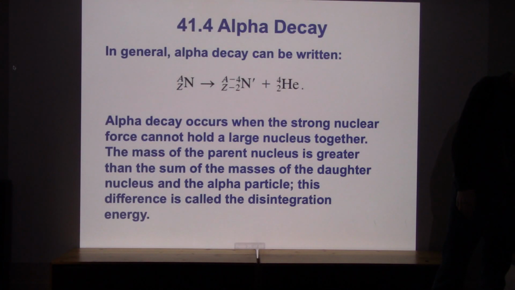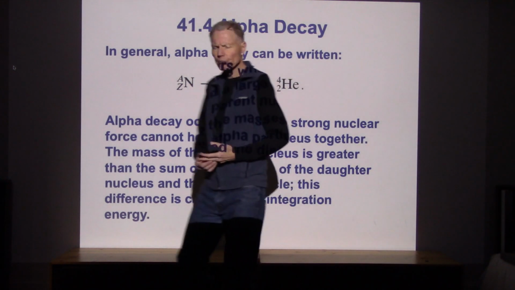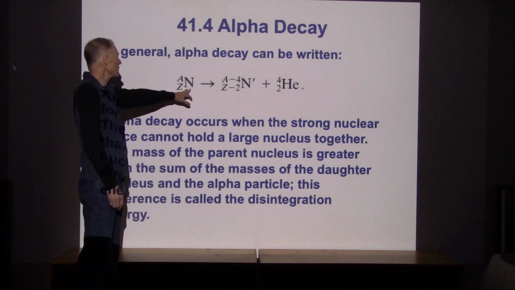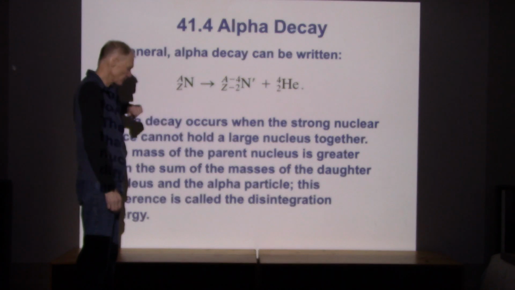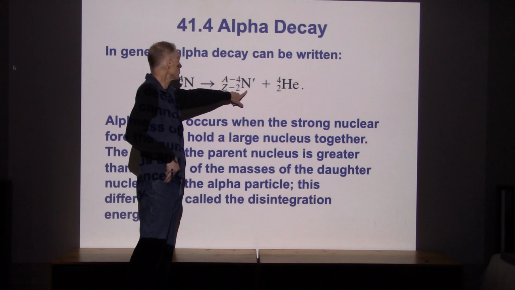Now, they have a notation for this alpha decay, which I always feel is a little confusing, so you have to stop and see what they're saying. You start off with some nucleus, and it's got this mass and this number of protons. Then it turns into some other nucleus, they're calling N prime.